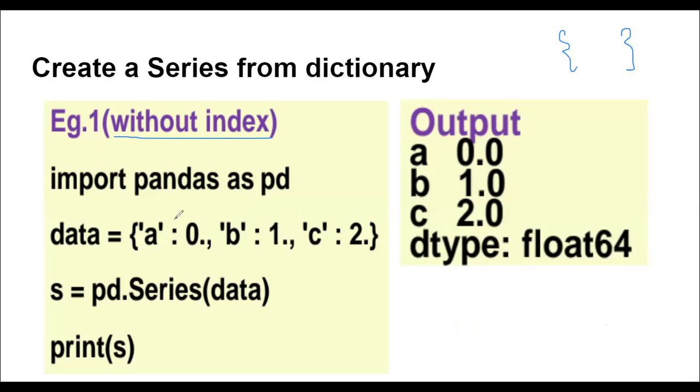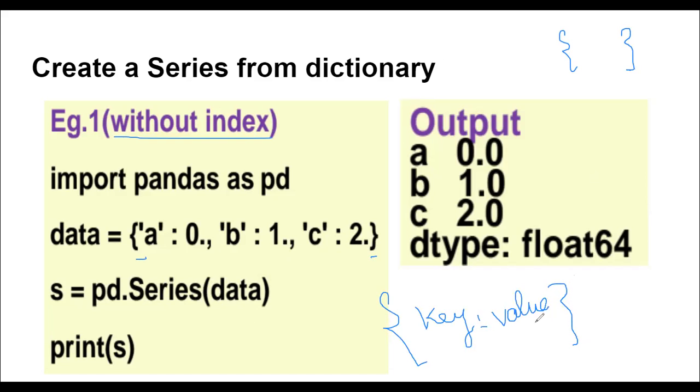Now see, import pandas as pd and data is equal to this curly bracket, which only represents that we are going to make a dictionary. Now, the dictionary syntax is whatever we want to pass inside the dictionary should be a key colon value pair.